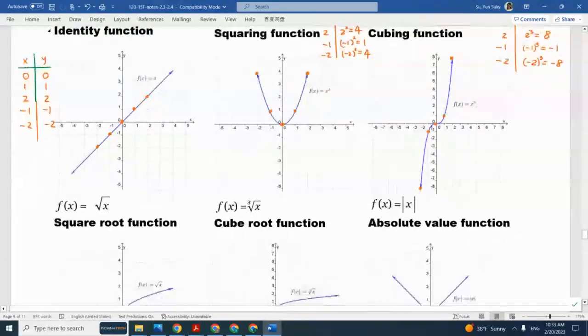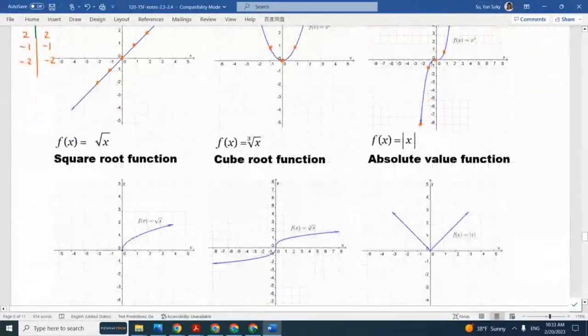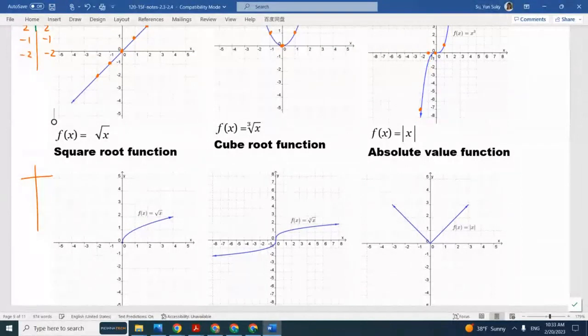So please try your best to remember the shape. If you do not remember the shape, it's okay. Plug in numbers. Okay. So here, x, 0. What's the square root of 0? 0. Yeah? Square root of 1 is 1.